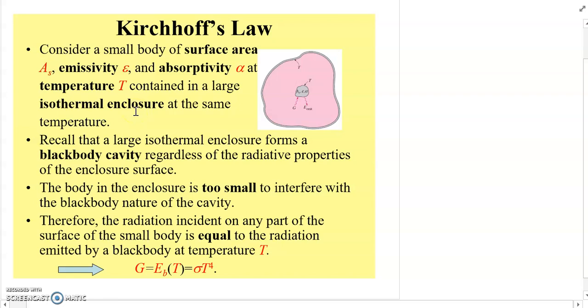If you recall from the previous video, a large isothermal enclosure forms a black body cavity regardless of the radiative properties of the enclosure surface. This is one example of a black body, where for a large cavity with a small hole, the body in the enclosure is too small to interfere with the black body nature of the cavity.